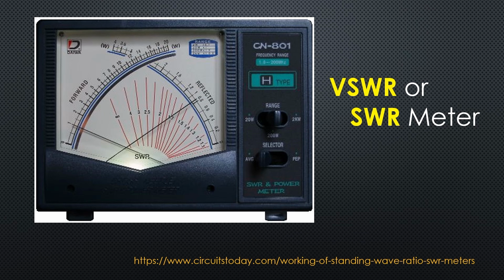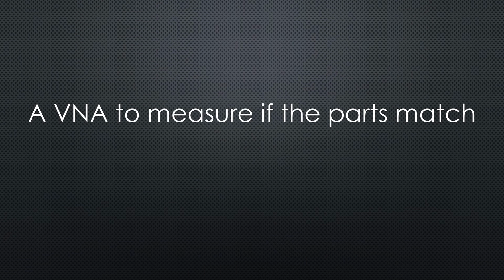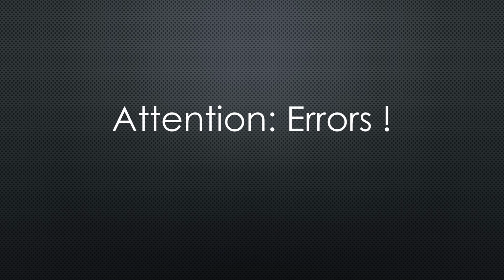If there is no reflected power, the SWR is 1. If we want to know more, we use a VNA to measure the different parts' impedances and decide if the match is good or bad and what we have to do to change it. Cool. Unfortunately, a few errors can happen during this process, and we need a little theory to avoid them.